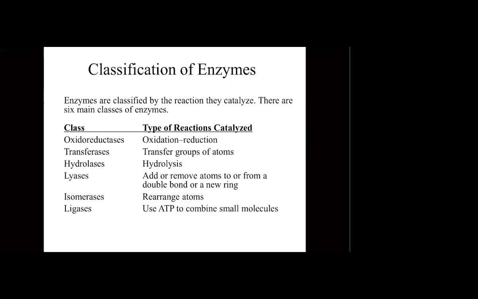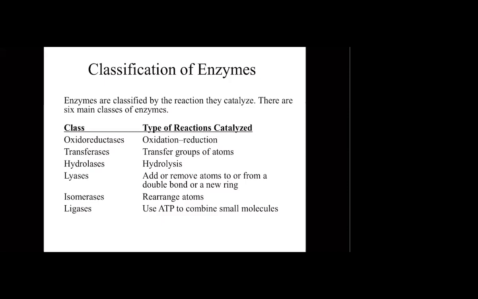Basically, when you are trying to define these, you have to look at the substrate and the product to see what is the change in the functional groups in order to define the different classes. When it comes to a hydrolase, these enzymes are going to utilize water to hydrolyze a particular substrate.